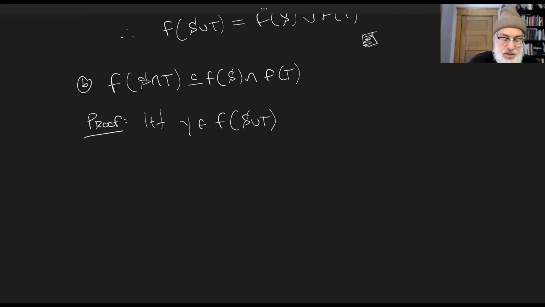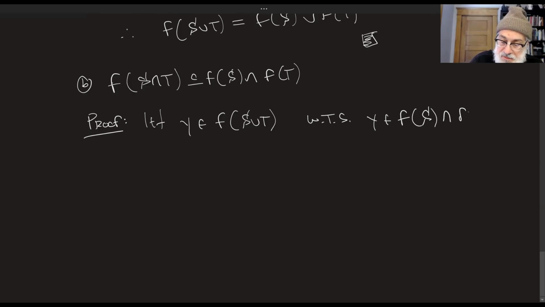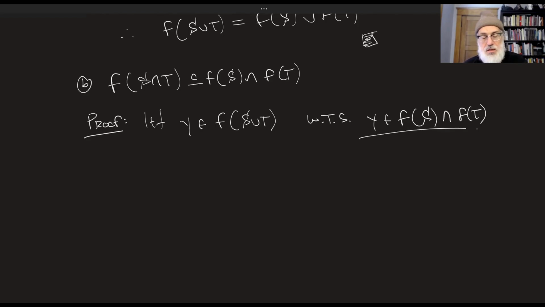I think it's more clear. And we want to show that y is in f of s intersect f of t. This will be our goal. This is what we want to have happen. Once we've done that, then we've shown that f of s intersect t is a subset of f of s intersect f of t.